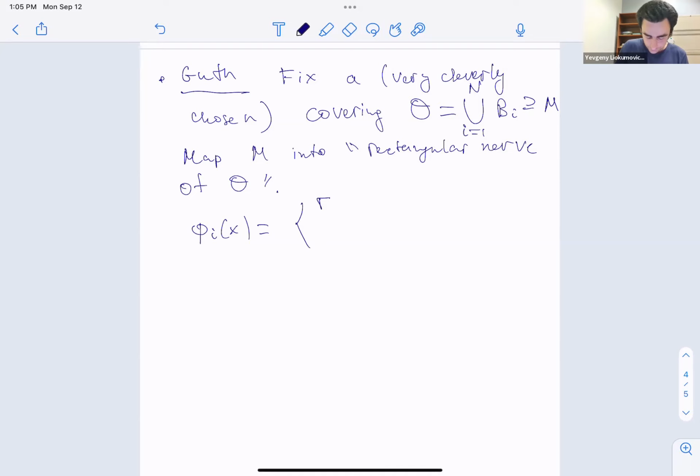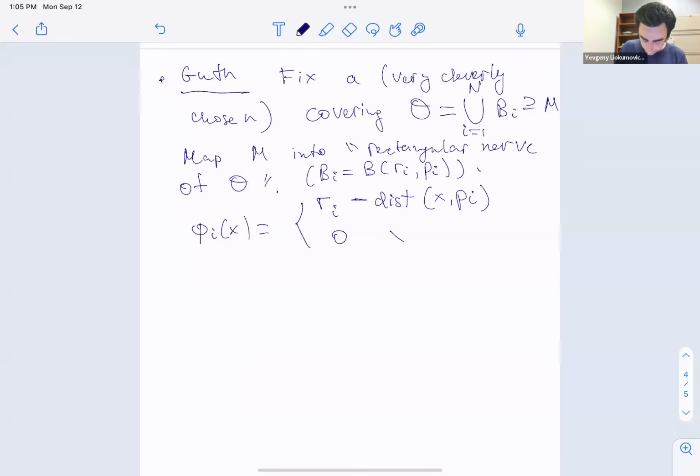So we have r_i minus the distance from x to the center of the ball p_i, if x lies in the ball B_i of radius r_i around the point p_i, and 0 if x does not lie in the ball B_i.